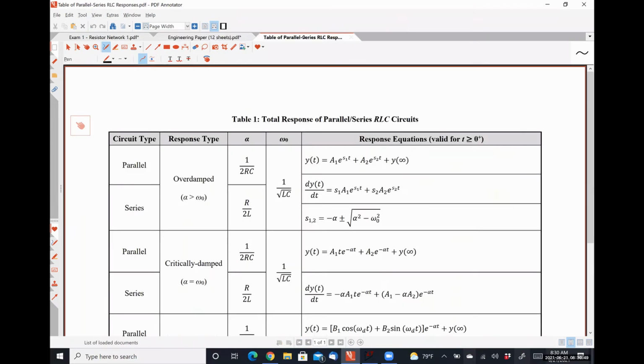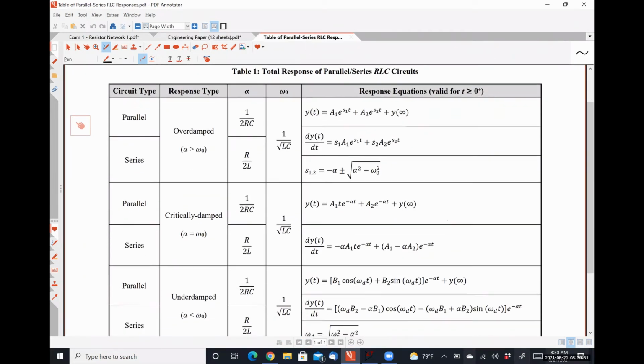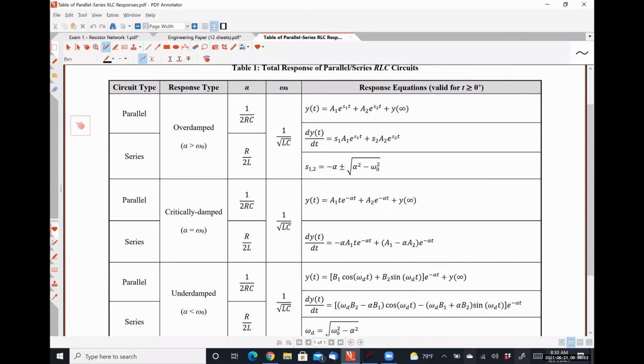I have created a table of parallel and series RLC responses, okay? Where I've just effectively summarized all the stuff that we just developed. But I've also provided you not only with the response equation.